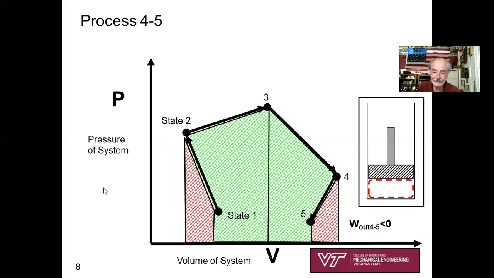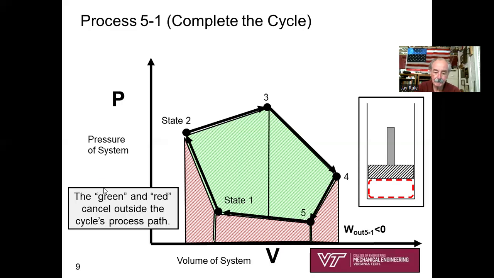Let's complete the cycle. 5 to 1. Well, work out. We're going right to left. Visually, I see what I've got. Again, easy to compute. And so do you see that the red is overlapping the greens that went all the way down to P equals 0?